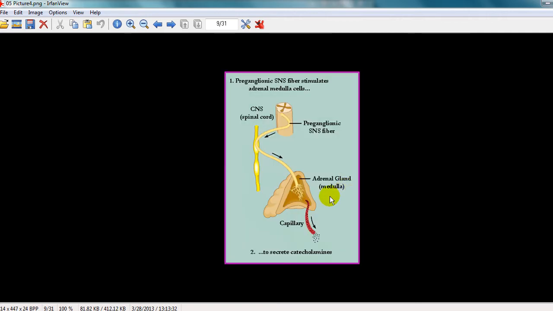The third type is neural control. So far we've had hormonal control from the ventral hypothalamus.